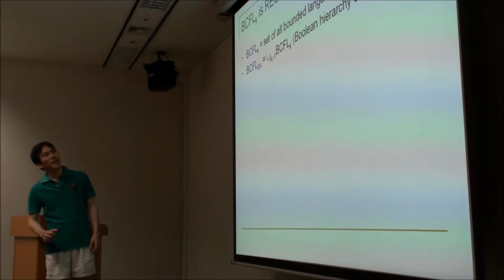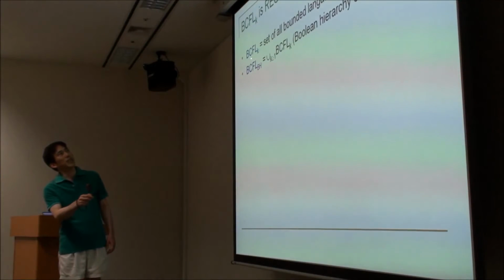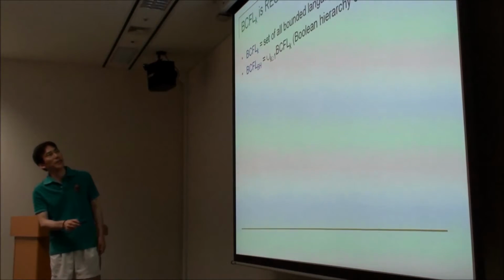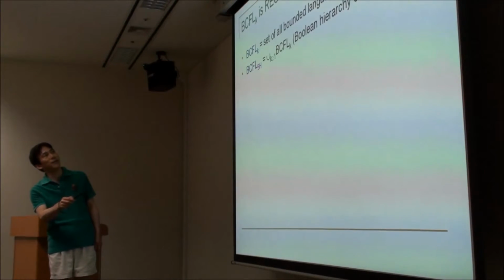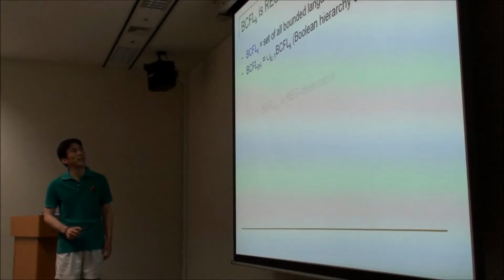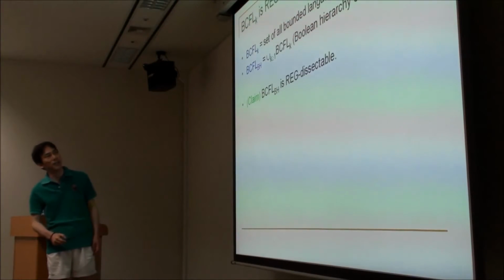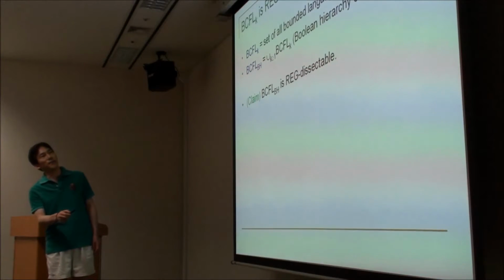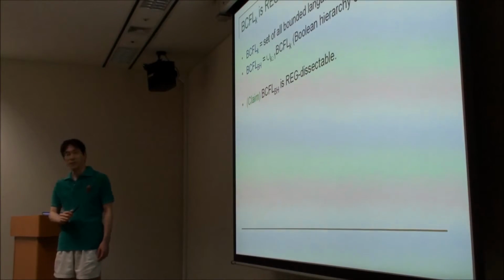Another example is BCFL_k, the bounded version of CFL_k. The entire Boolean hierarchy is specified by BCFL_BH, where BH stands for the Boolean hierarchy. And this Boolean hierarchy over BCFL is regular dissectable.